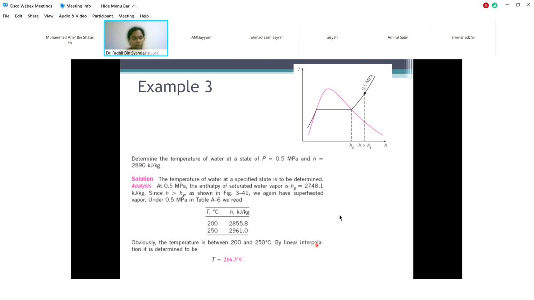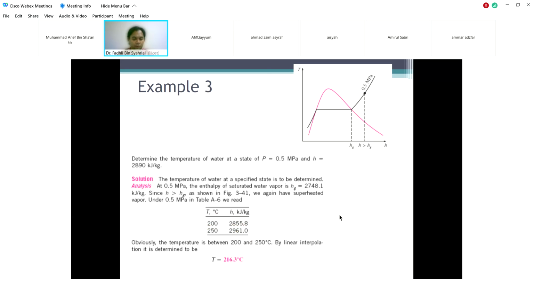If you forgot the method, please refer back to your engineering mathematics lecture notes and use linear interpolation to find the temperature, because this is the nearest value. Okay.